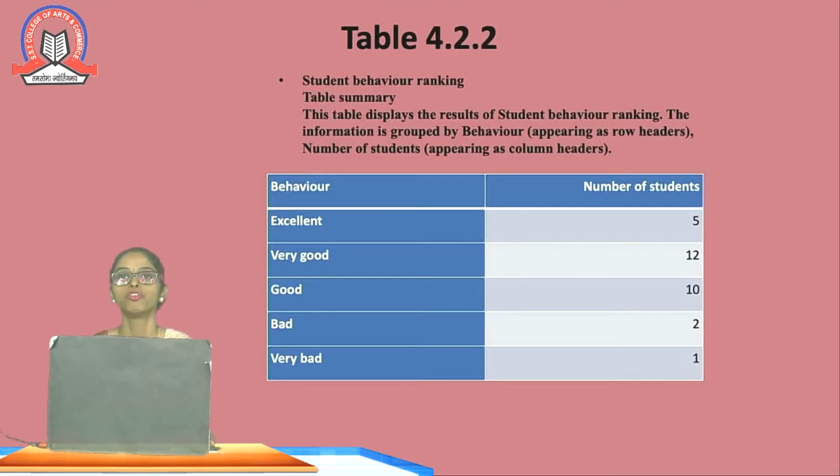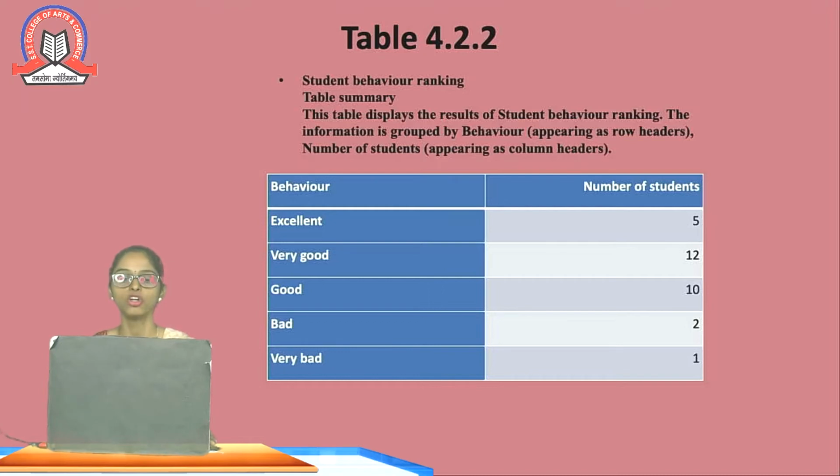In table 4.2.2, we see how the ordinal variable is described. In this table, student behavior ranking is shown. The information is grouped by the variable, appearing as row headers. The number of students appears in the column header.